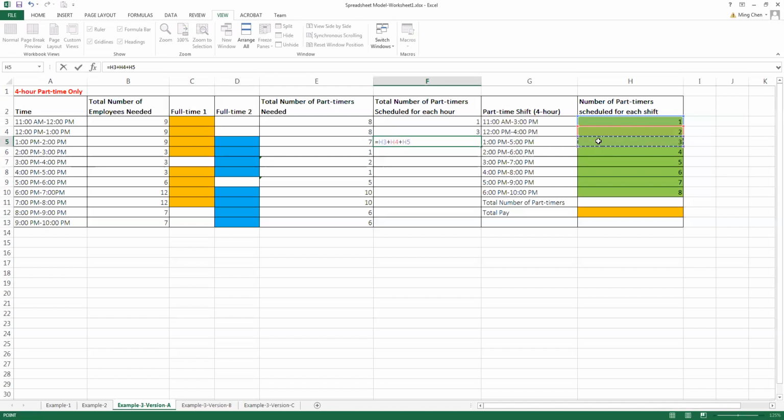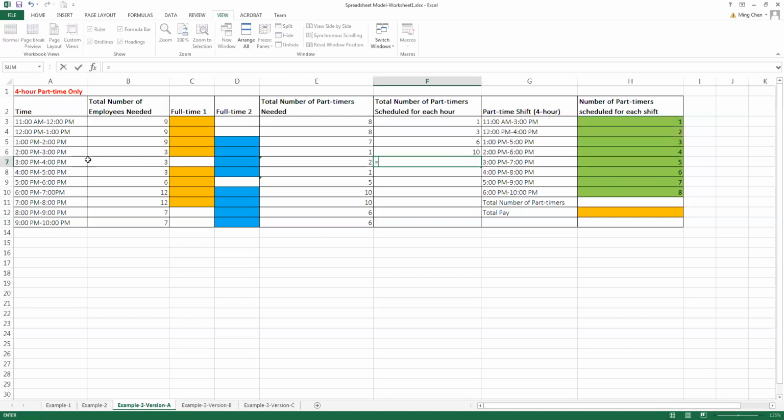So H3 plus H4 plus H5. Next, who will be working from 2 to 3? The first person, plus this, and plus this. You can check. These three groups of people will be working from 2 to 3.